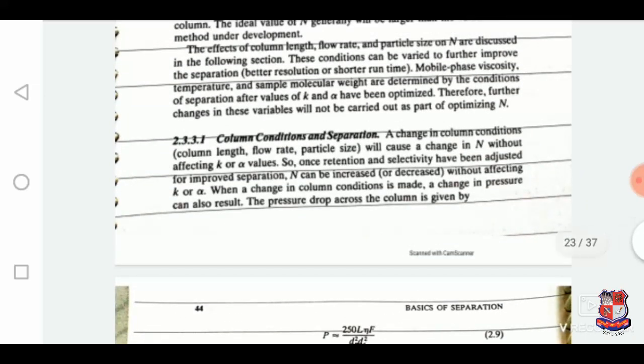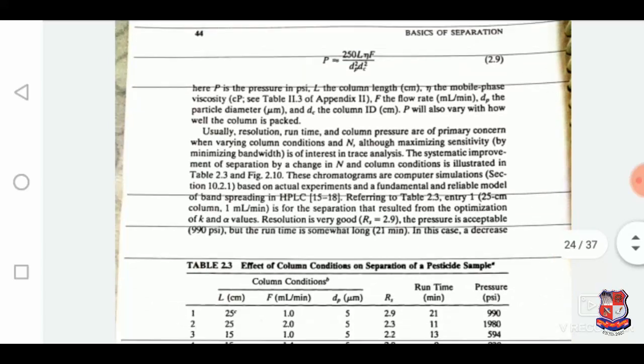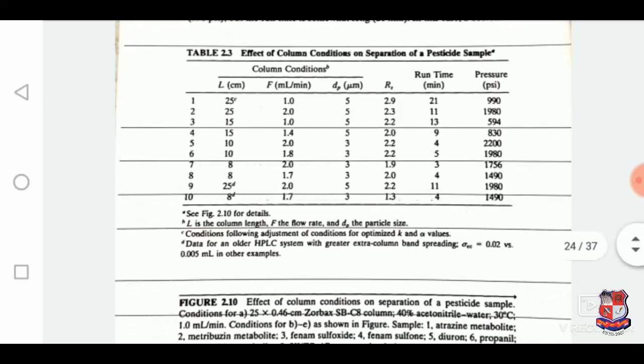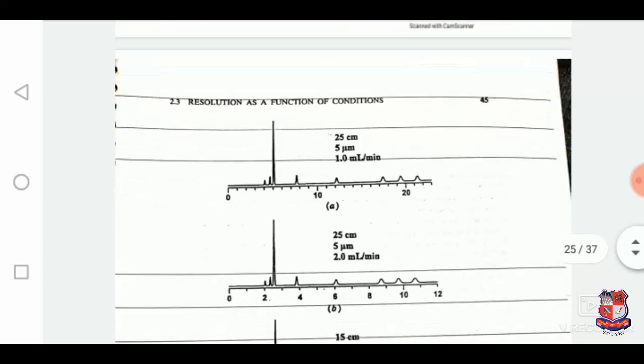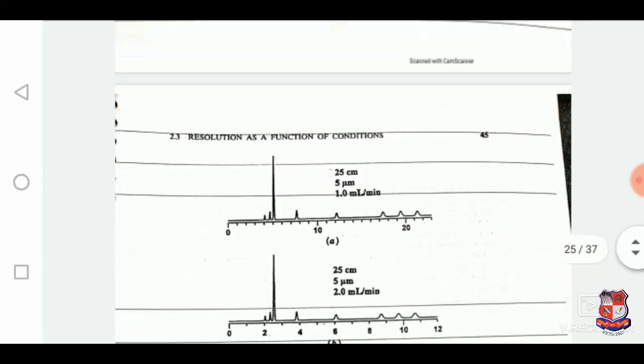So the next one is column condition and separation. Pressure can be given by this equation. This table illustrates the effect of column condition on separation of a pesticide sample. This figure illustrates the effect of column condition on separation of a pesticide sample.